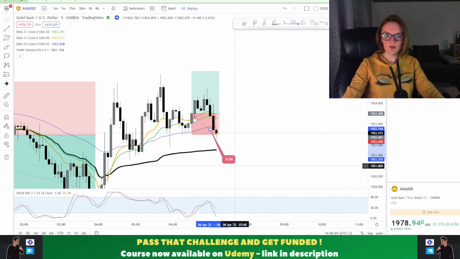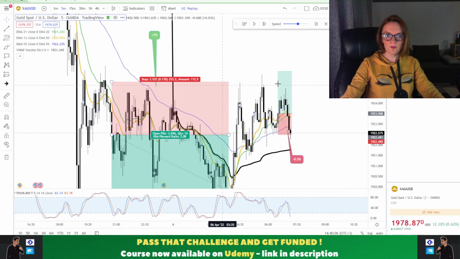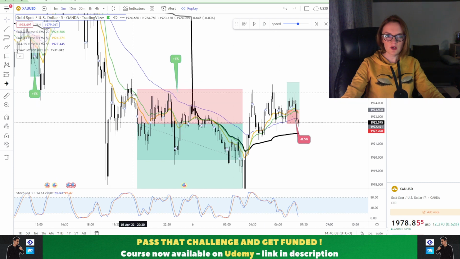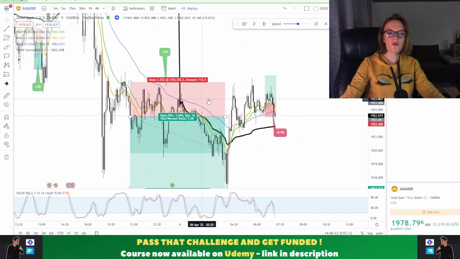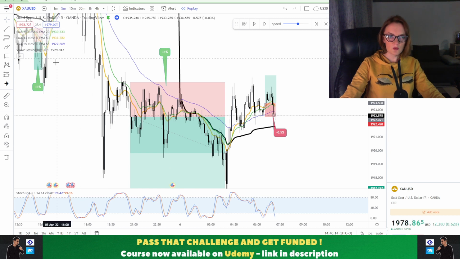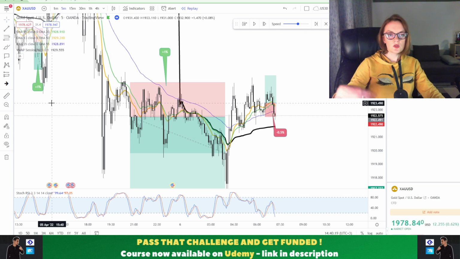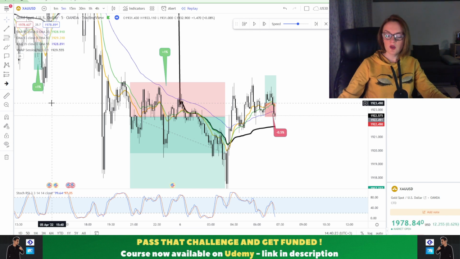And overall, on the 3 trades that we took here, we've got 2 winning trades of plus 1% and this minus 0.5%. So overall, from 5 to 6 April, in 2 days, using 0.5 risk percent per trade, we managed to be plus 1.5% on the account, which is a great result.